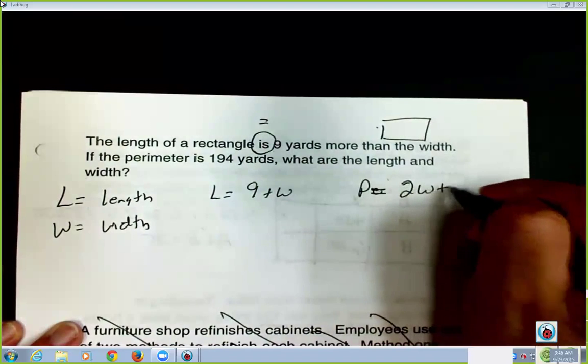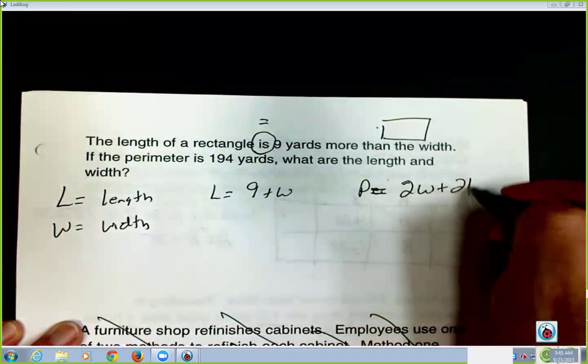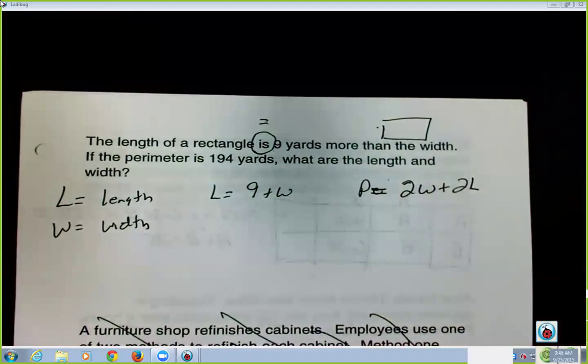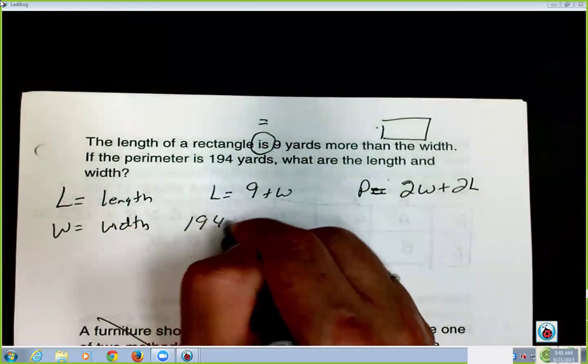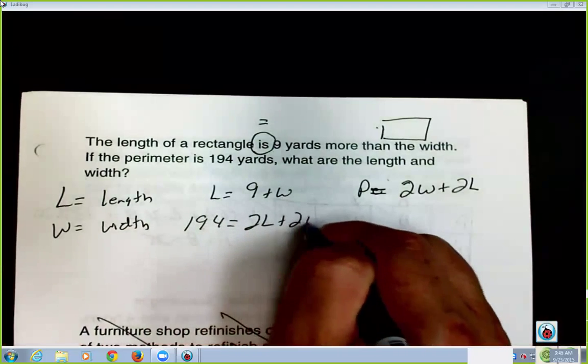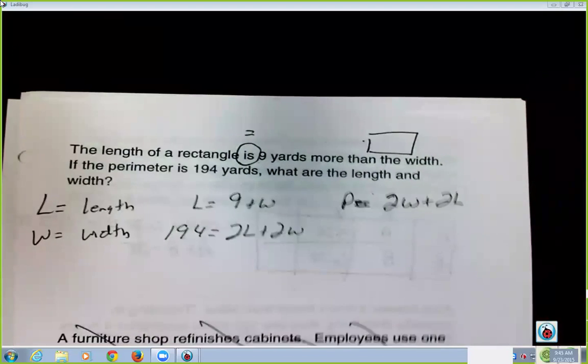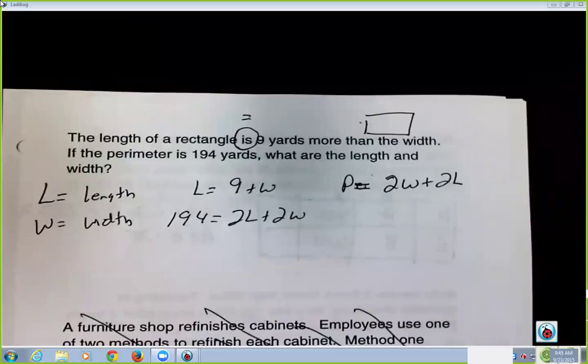Perfect. 2W plus 2 lengths. Then all we need to get our other one is just put 194 is equal to 2L plus 2W. And then you can piece that one together at that point and end up solving it. So that's what happens with this piece.